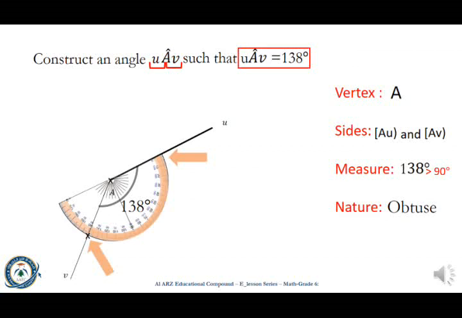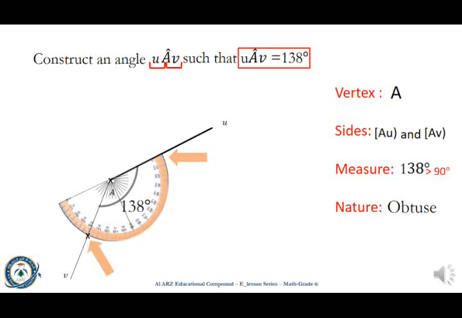If you put your protractor like this, you will count from this zero through the outside scale. You will measure 138 degrees, starting from 0, 10, 20, 30, 40, and so on. When you reach 130, you count small lines, 8 small lines between 130 and 140. This is 138. You mark a point at 138.